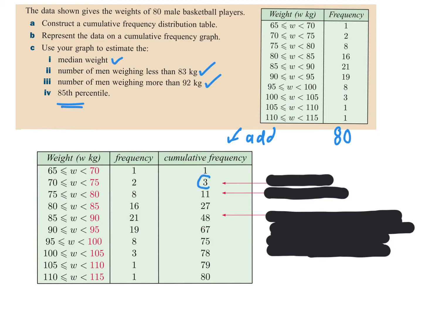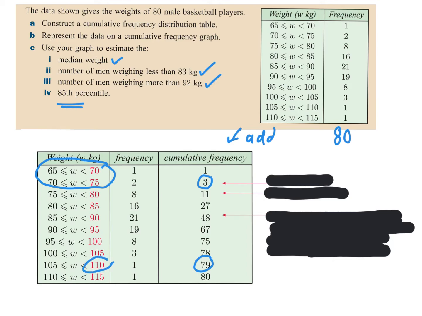If we have 3 here, it means that from 65 to 75, there are 3 male basketball players within this range. If we read 79, it means the weight is below 110.